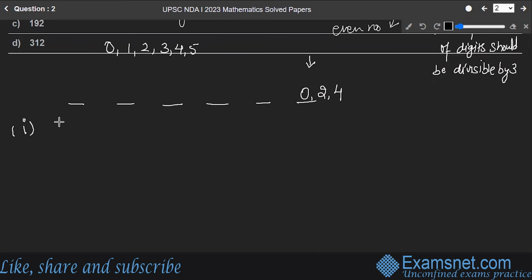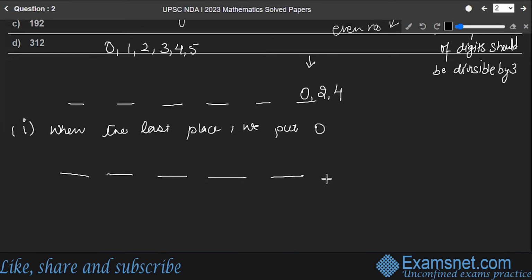First is, when at the last place we put a 0. So here is a 0, that is for sure. And out of the 6 digits, I have 5 numbers left, right? 0 is occupied over here.